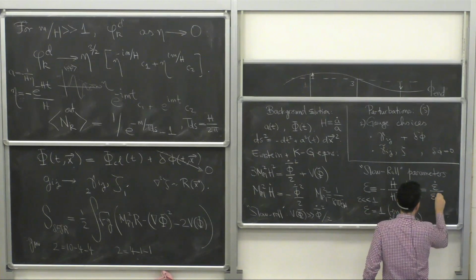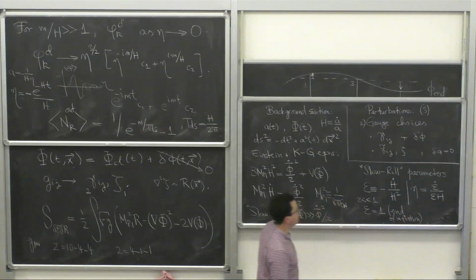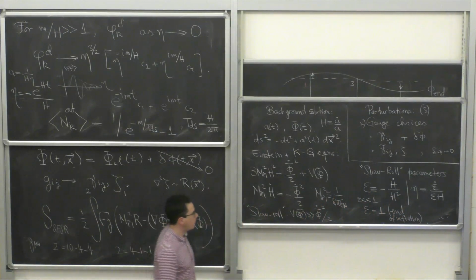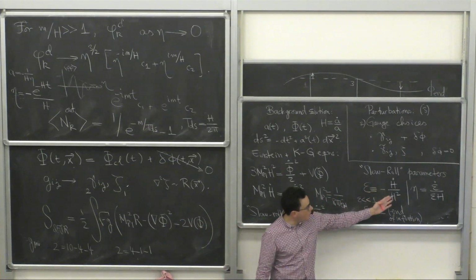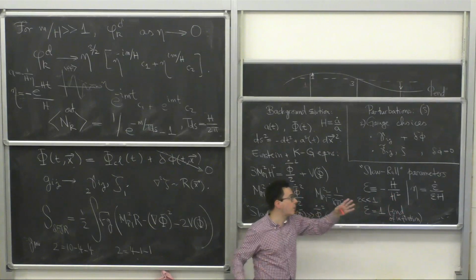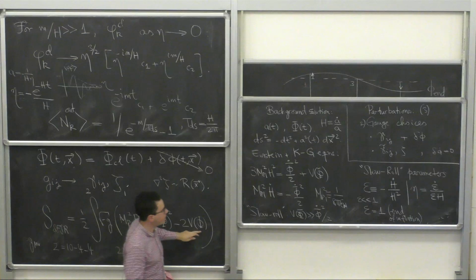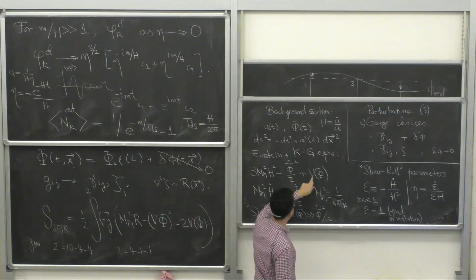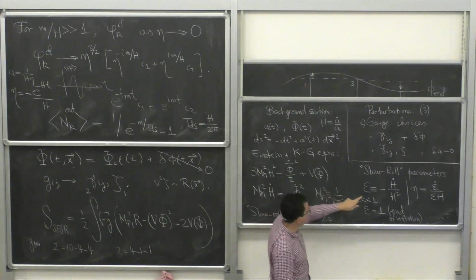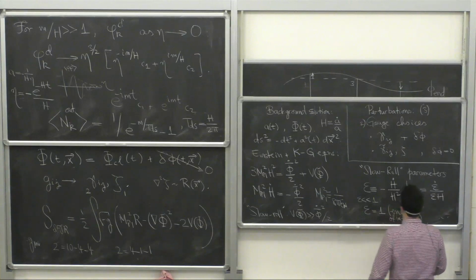So again, you build something: the logarithmic derivative of this epsilon needs to be small. It's related to the first and second derivative of the potential V of phi. You can trade, using the Friedmann equation, V prime and V double prime for these two parameters.